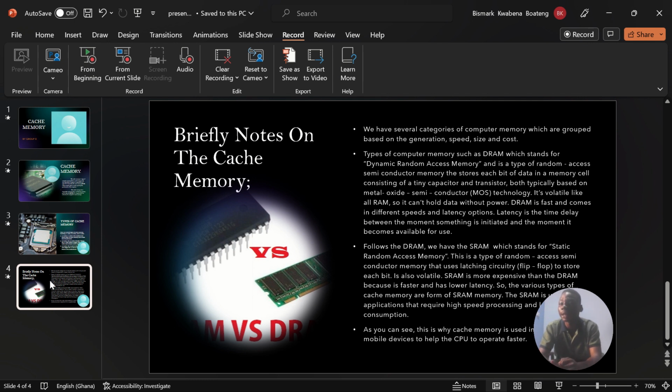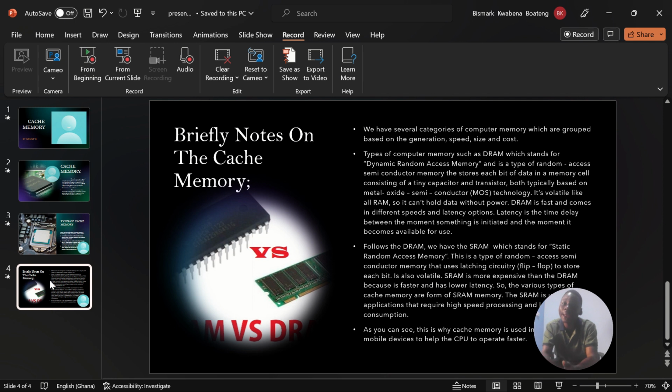So DRAM is fast and comes in different speed and latency options. The speed depends on the types of DRAM, and they all come in various speeds and latency.